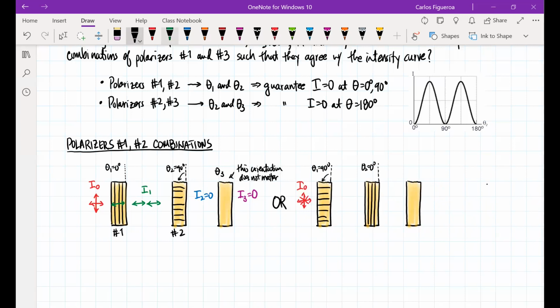When I look at the light as it's coming through, I get vertically polarized light, which has some intensity. But now when it goes through polarizer number 2, it's going to filter out all the light.